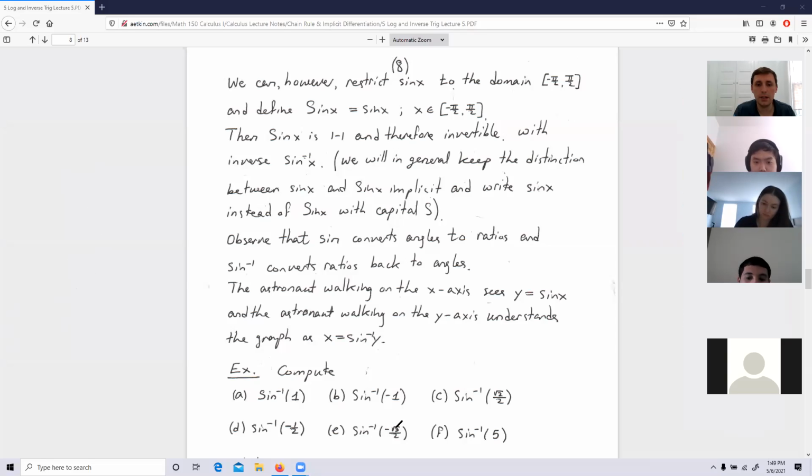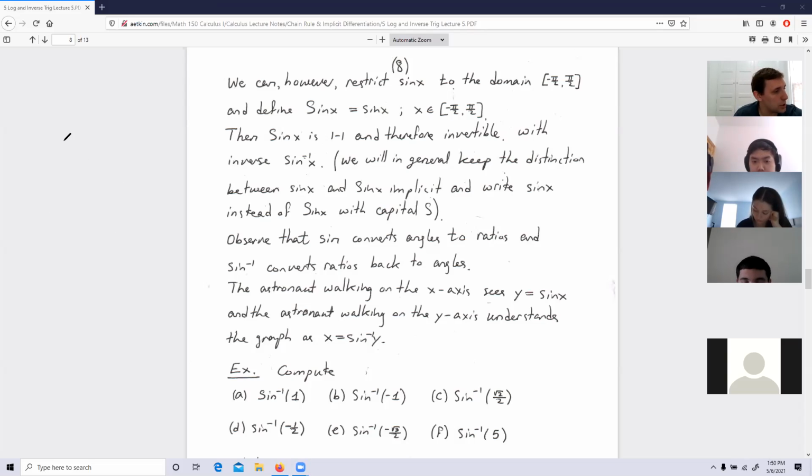Sine inverse of minus root 3 over 2. It's with a minus, guys. Yes, so it is minus pi over 3. Minus pi over 3, guys.